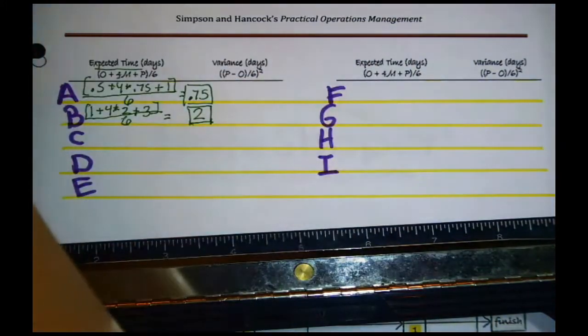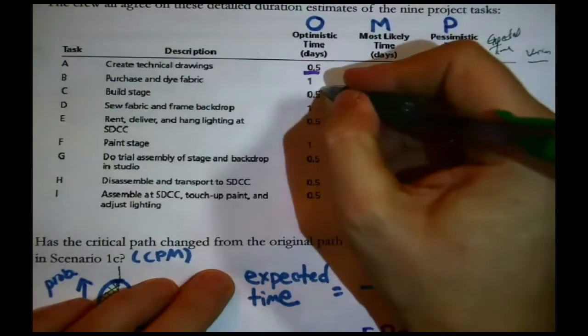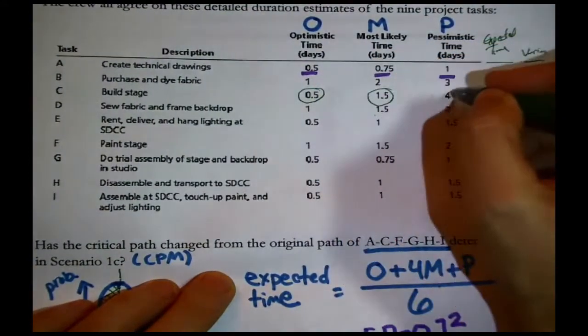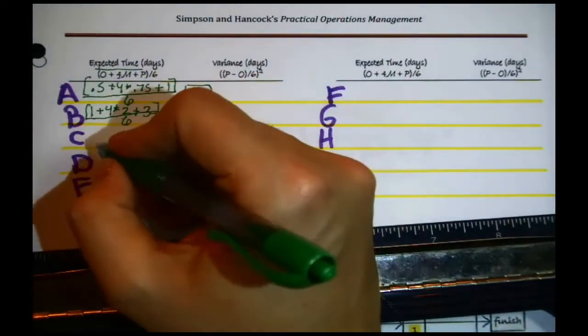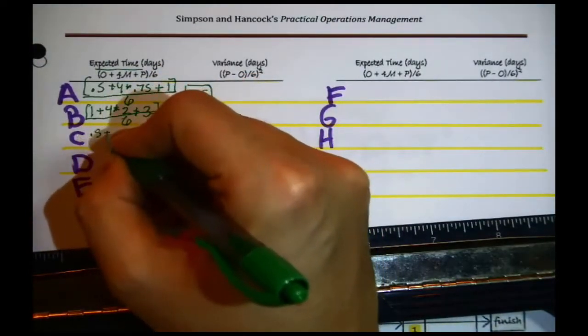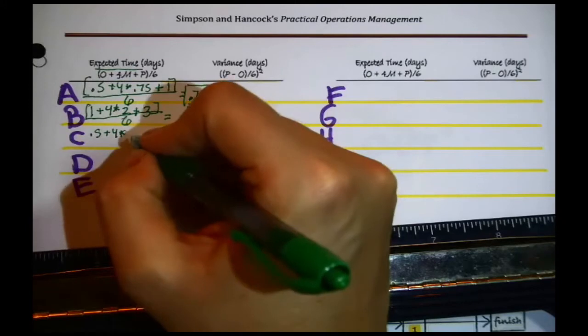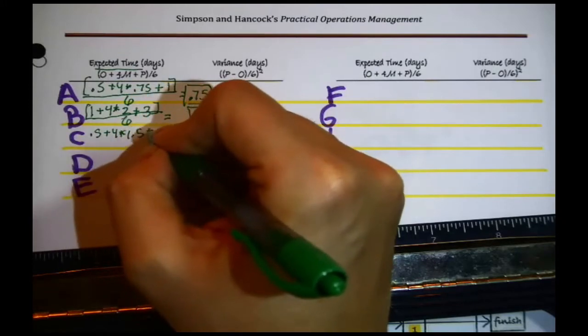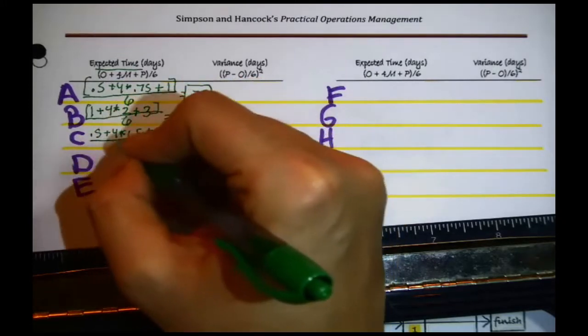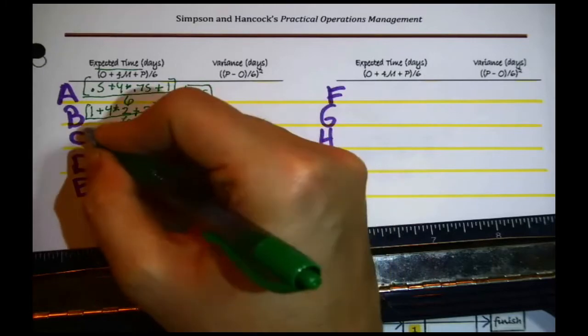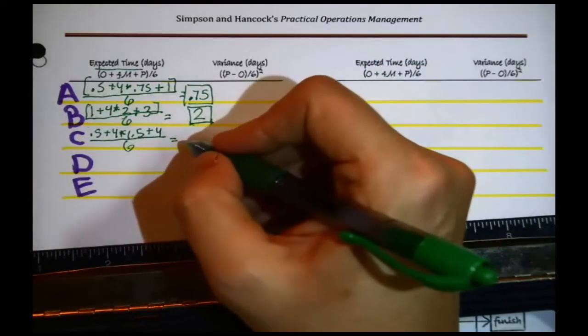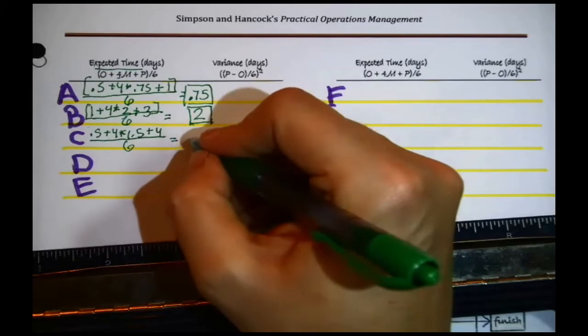For C, same thing. Pick these numbers up and put them in the formula. 0.5 plus 4 times 1.5 plus 4, divided by 6, I got 1.75.